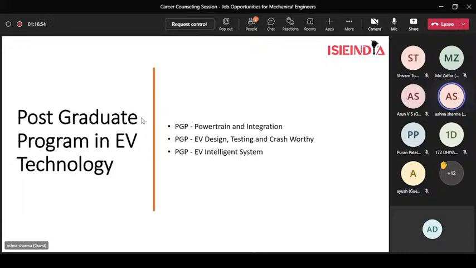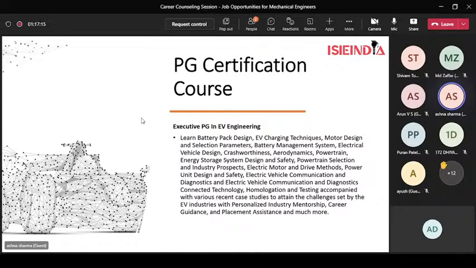Then Post-grad programs: PGP EV technologies, powertrain and integration; PGP EV design, testing and crashworthiness; PGP EV intelligent systems.